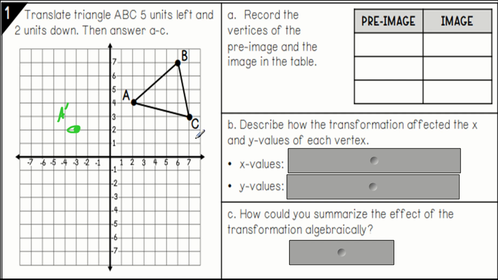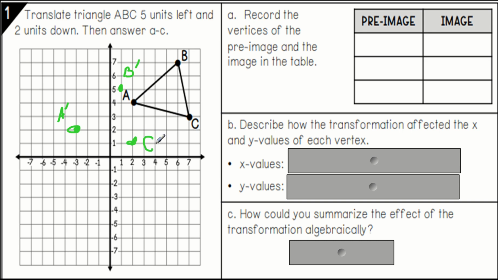And we have to do the same thing for each one of those points. So B, we go 5 to the left and 2 down. So there's my B prime. C, 5 to the left, 2 down.